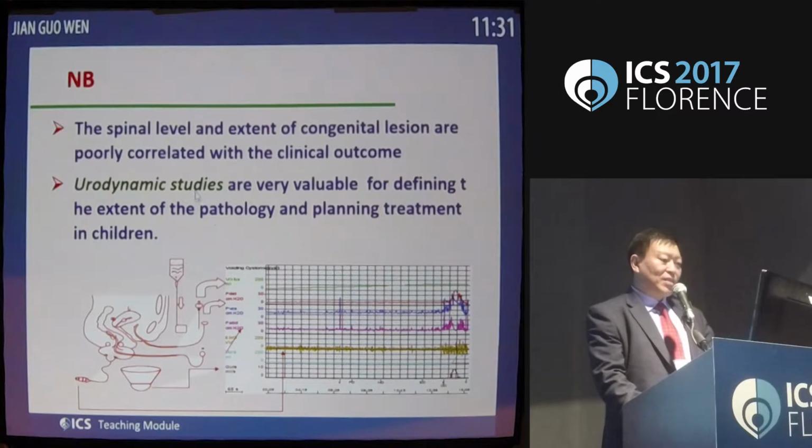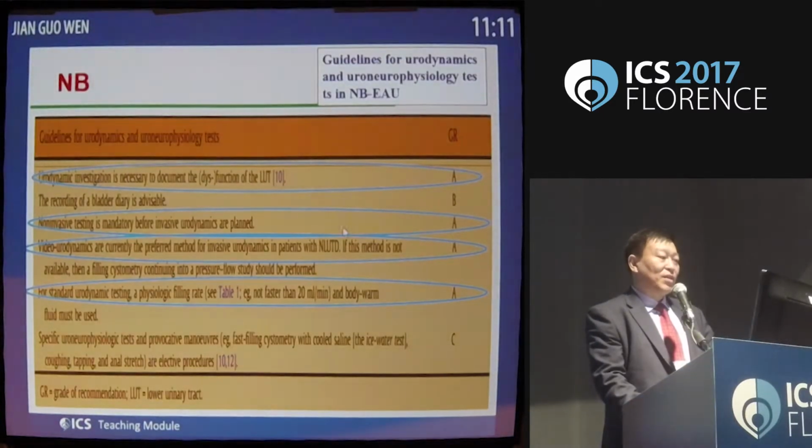Therefore, the urodynamic study is most valuable for determining the extent of the voiding pathophysiology. This figure also shows how to measure the detrusor pressure, abdominal pressure, urethral flow, and sphincter.